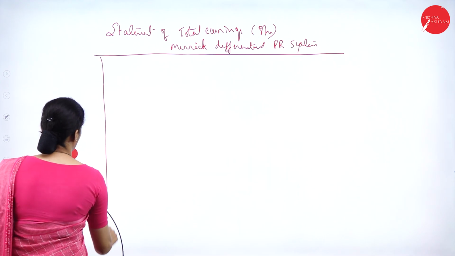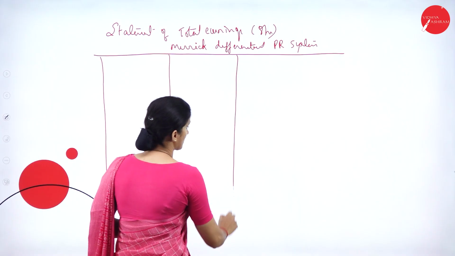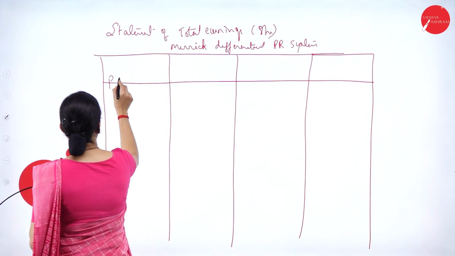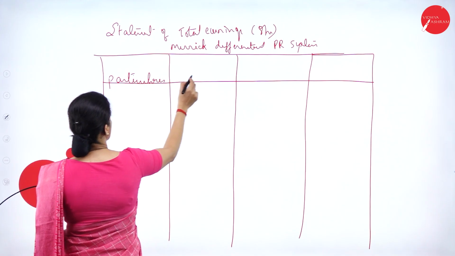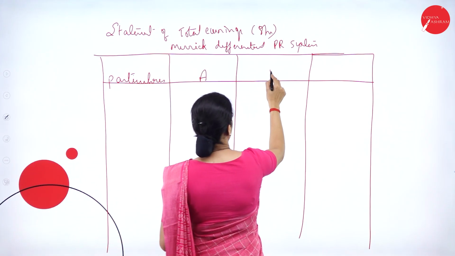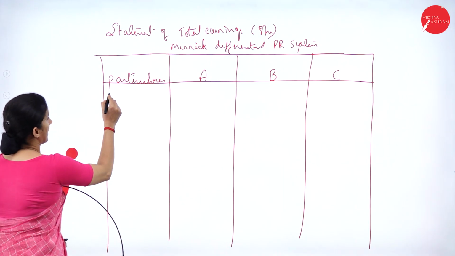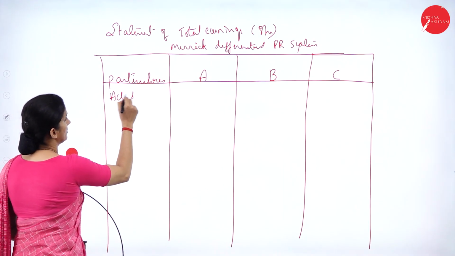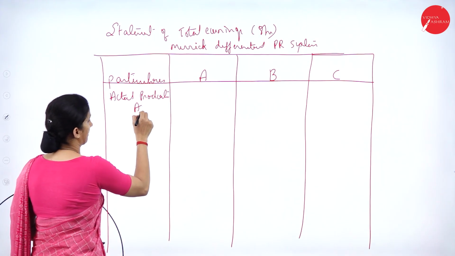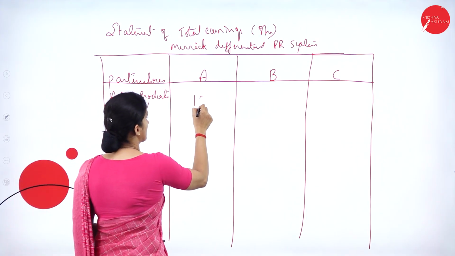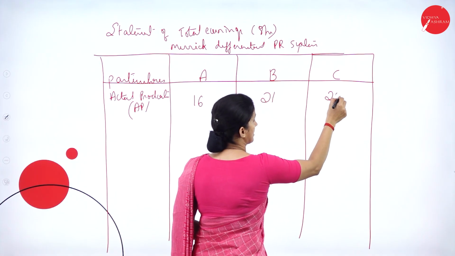So here we have 3 worker particulars and 3 workers calculations. Worker A, worker B and then C. First we will take the actual production, that is AP of worker A, it is 16, B it is 21 and C it is 25.